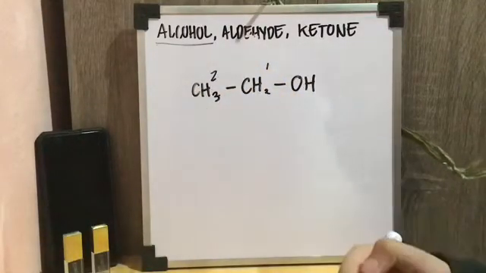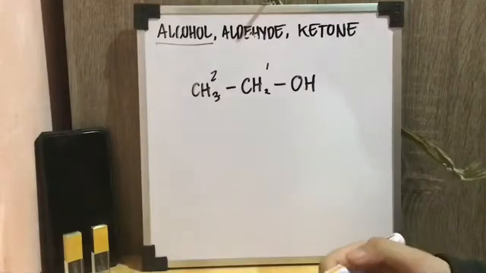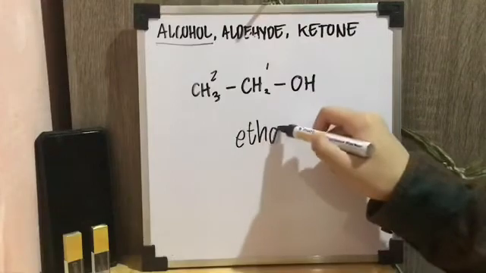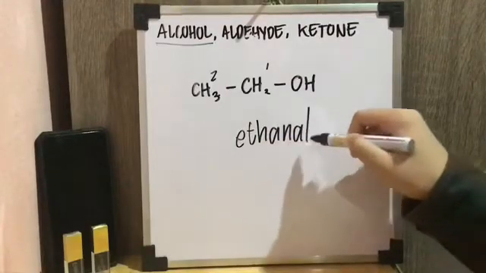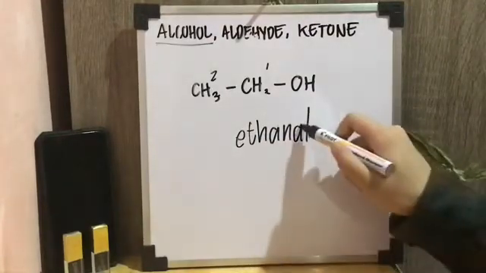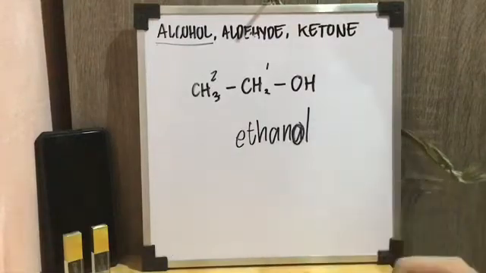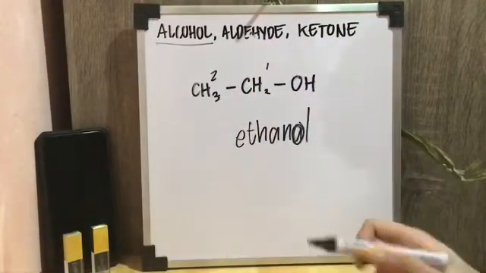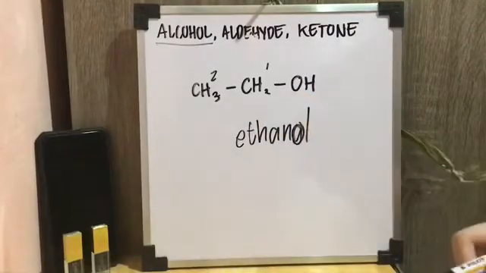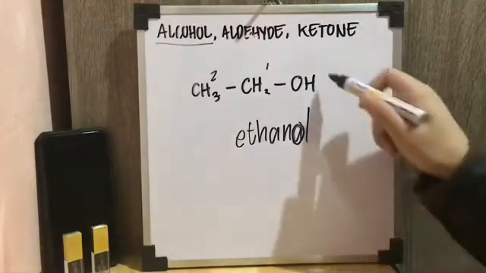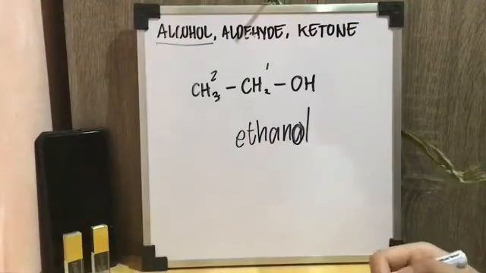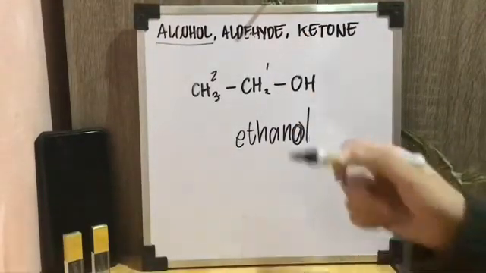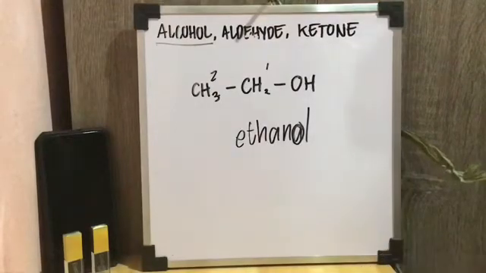When you're naming it, it's basically ethanol, since there are 2 carbons, and "an", as it is only connected by single bonds, and since there is an attachment here, which is the alcohol, we use the suffix "ol." Hence, we have the name ethanol.